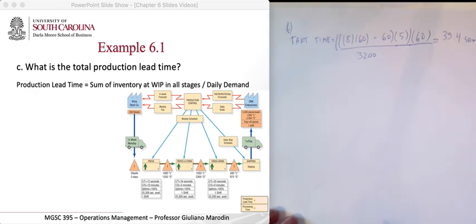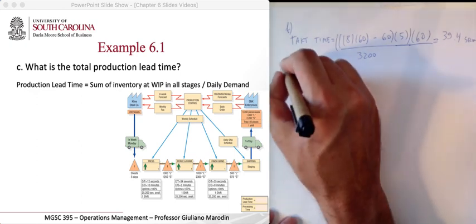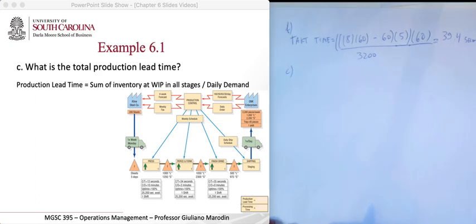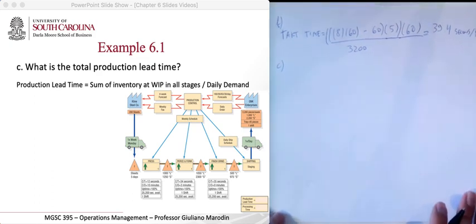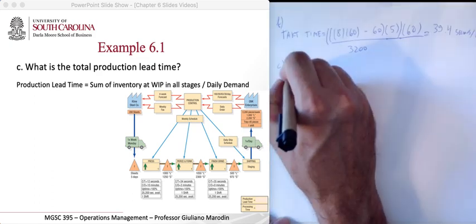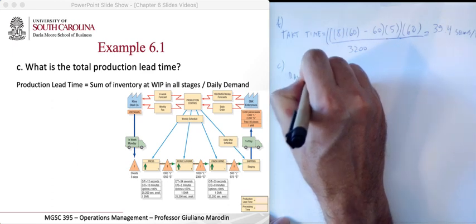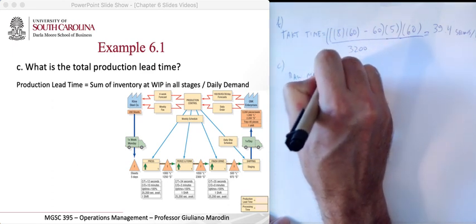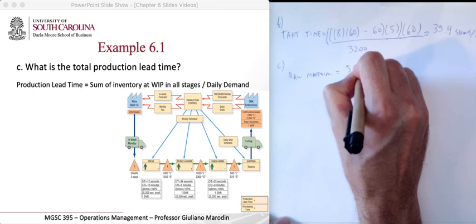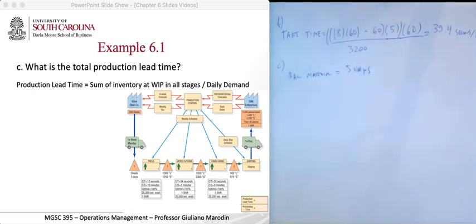Now we need to calculate lead time, so that's C. The lead time is mostly accounting for the raw material. How much raw material I have is 5 days of inventory, which is already given.